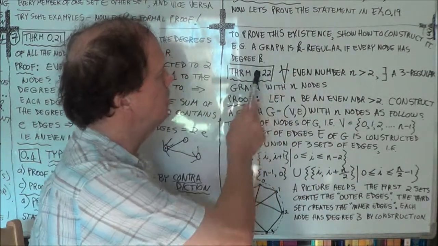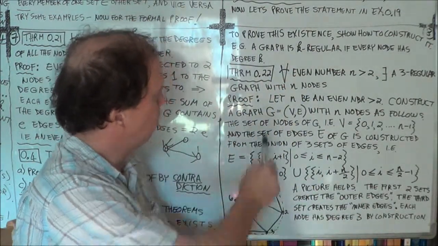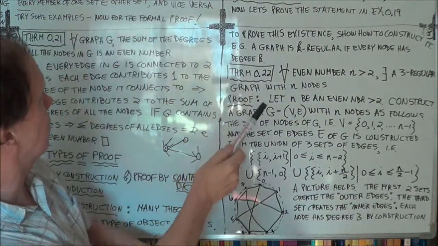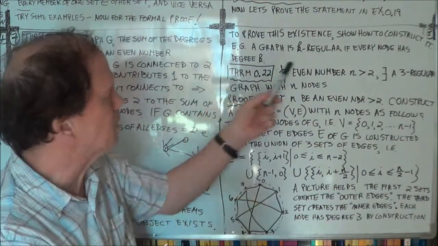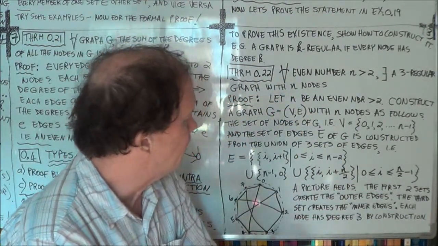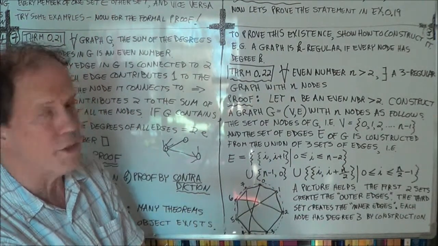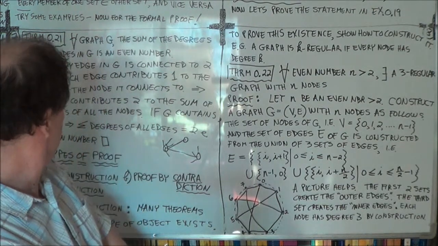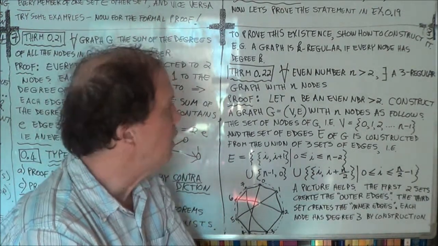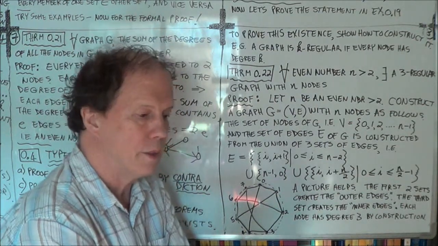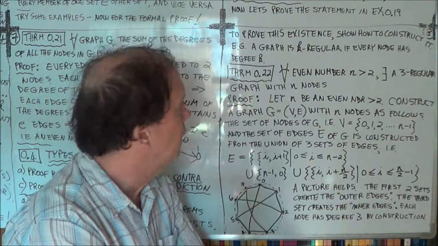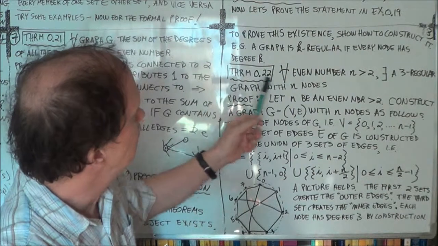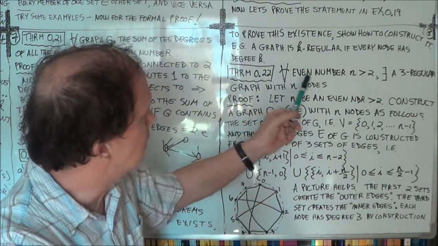So that's a definition that we'll need for this proof, and this is now, I think, the third actual concrete proof that we've done so far, and it's an example of a proof by construction, meaning that you actually build something to prove something.